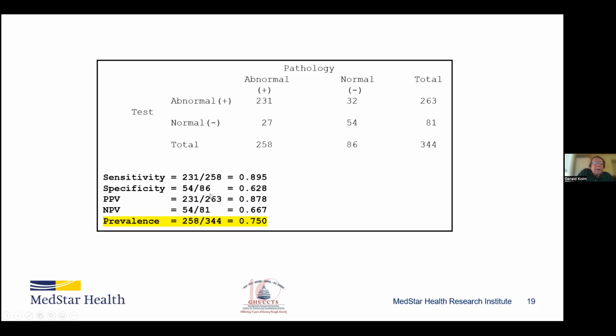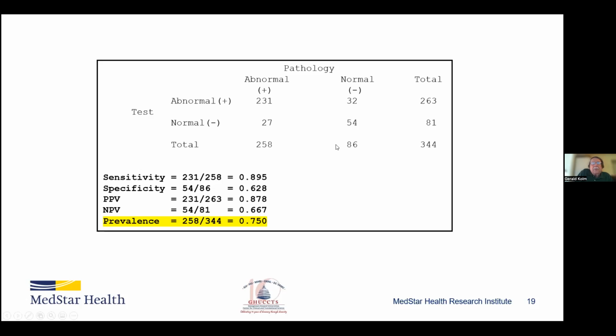Then we can calculate the positive predictive value by looking at the number who actually have the disease and test positive, plus those who have an abnormal test but are negative for the disease. So our positive predictive value here is 231 divided by 263, or about 0.88.